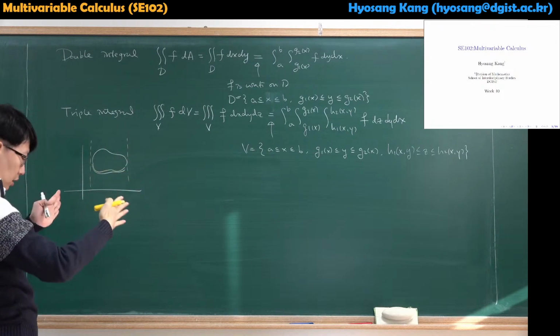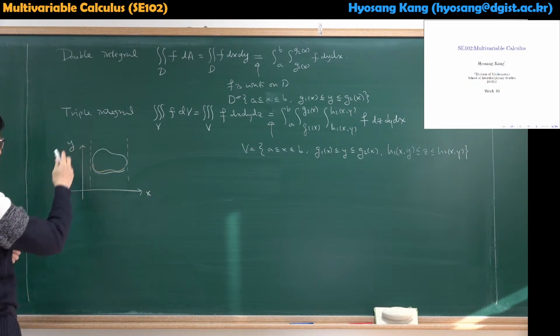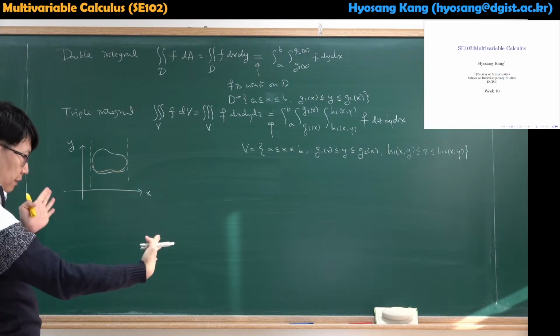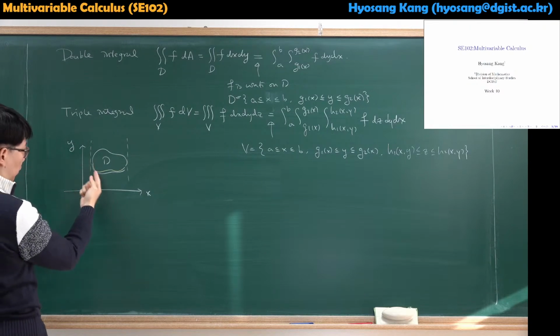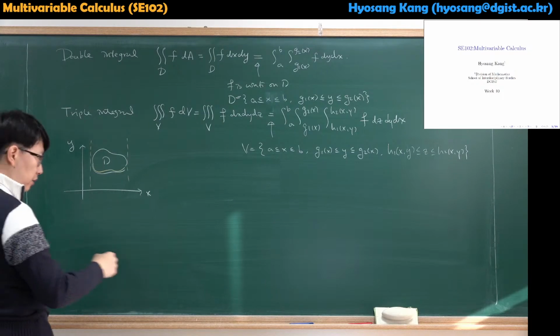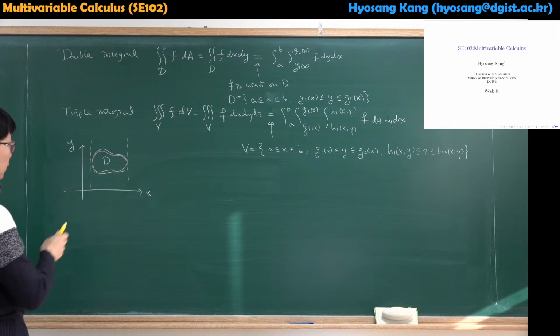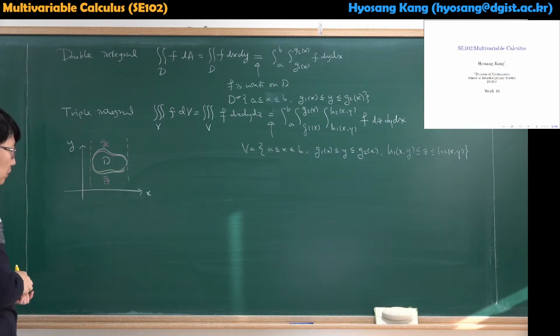So if you draw a vertical line which is perpendicular to the x-axis and set a left limit and right limit vertical lines which touch this region D, then you have a curve which bounds the region D on the lower side, and on the upper side, we have another curve bounding the region D. So we have G2 and G1, whose graph is this bounding curve.